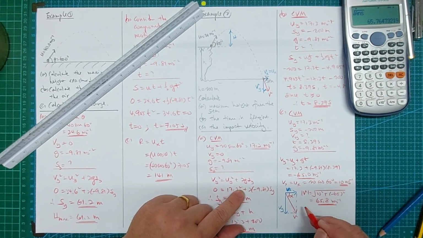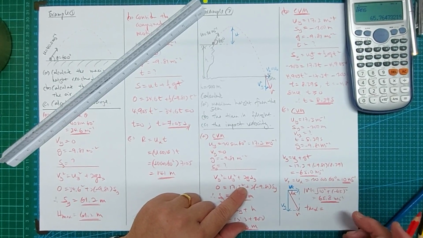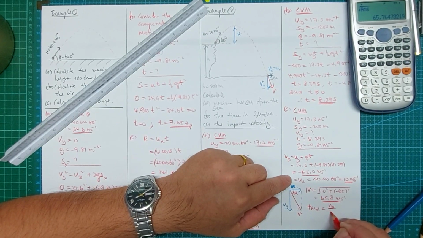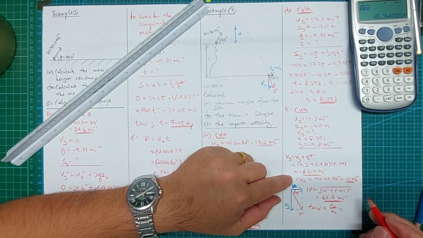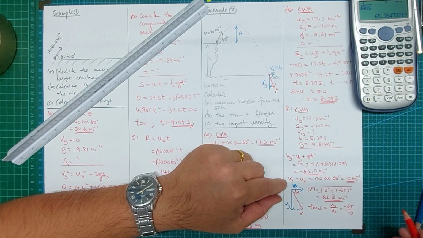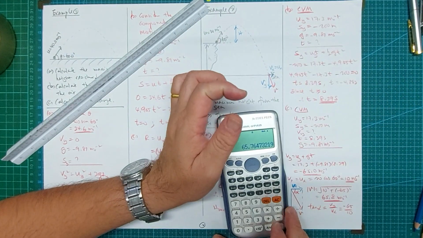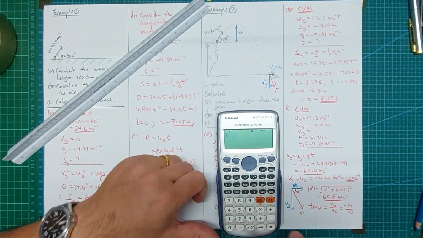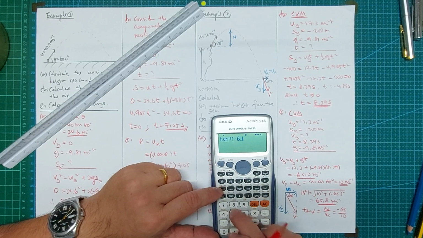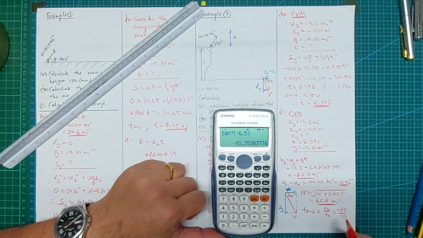And then for the angle, we use tangent alpha. Tangent alpha is equal to Vy over Vx. So in this case, it will be negative 65 over 10, so that is negative 6.5. Arctangent of negative 6.5, so we're going to get a negative angle here.